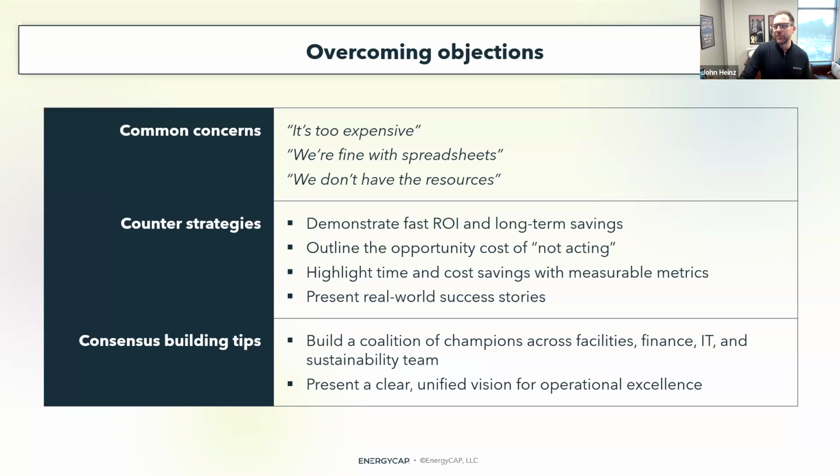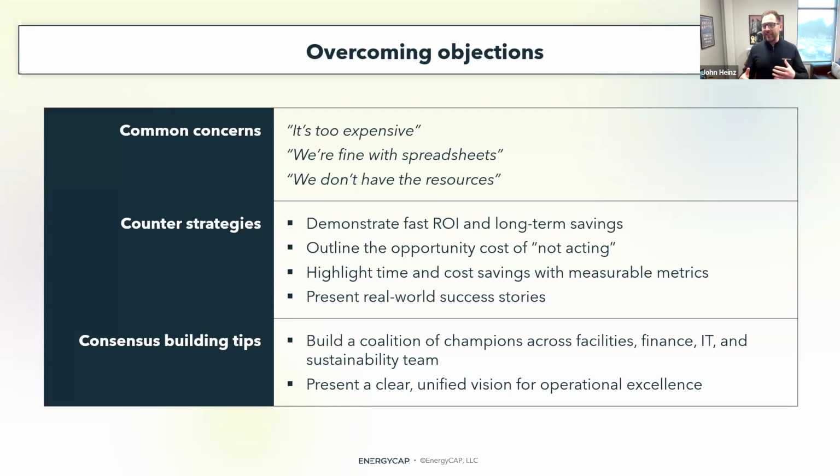Build a coalition of champions. Really important to work in your organization to build, call it a buying team, a purchasing team, an advocate team.